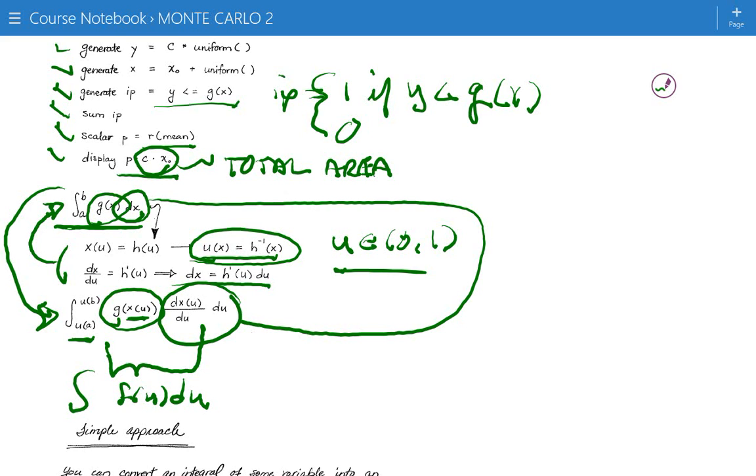So I've converted an integral in terms of x to an integral in terms of u, which is on the unit interval.